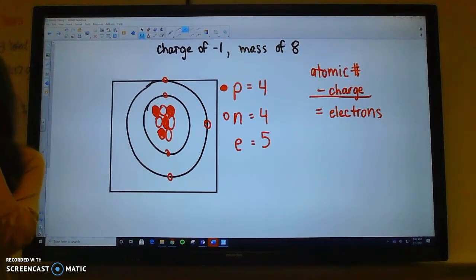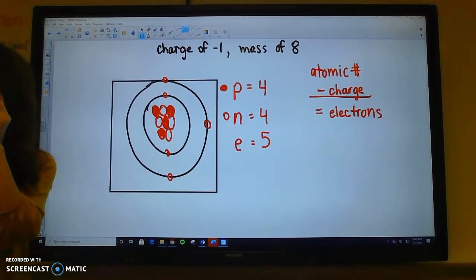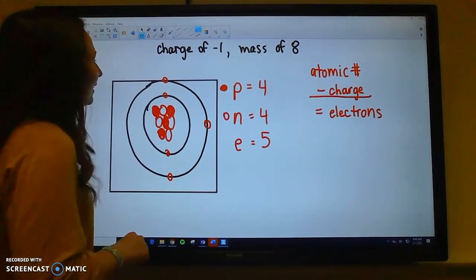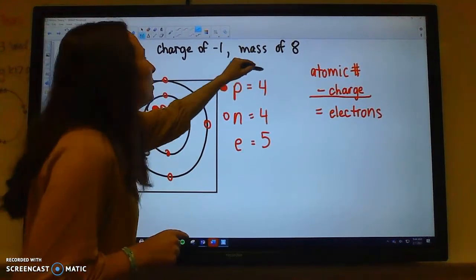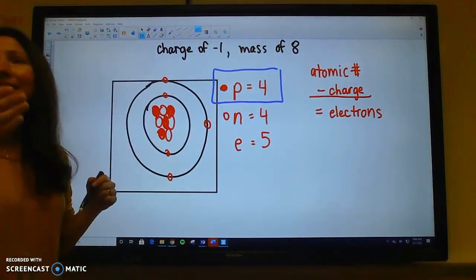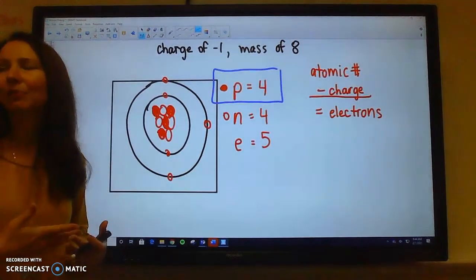All right, we're almost done. We needed to answer which element this is. How do we identify elements again? On the periodic table, do we look at the atomic number or the mass number? Atomic number. It's the atomic number, which is the protons. Remember, the mass can vary based on the isotopes.